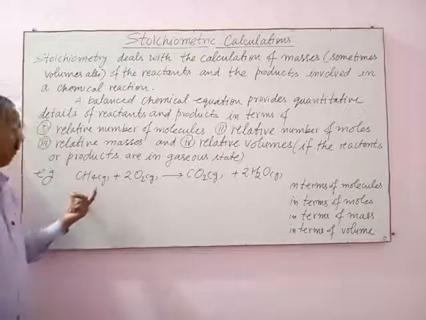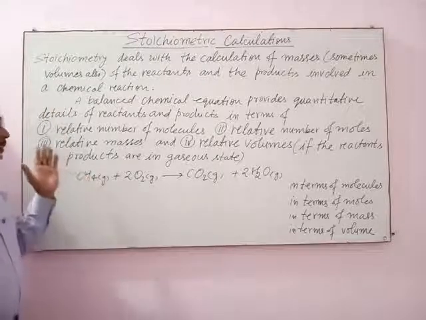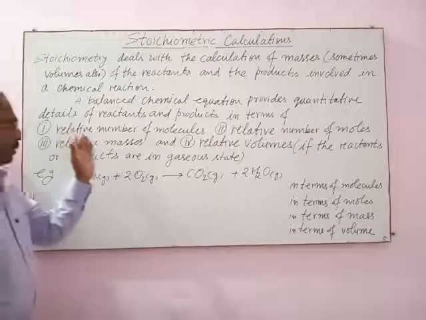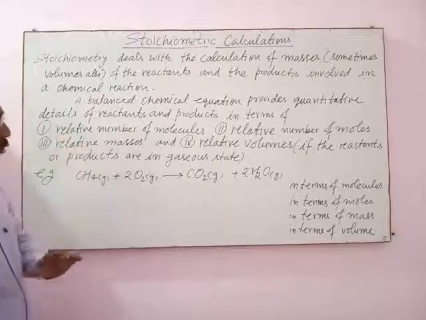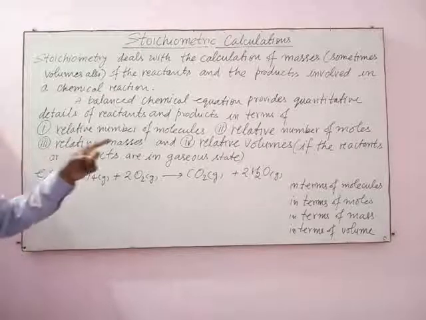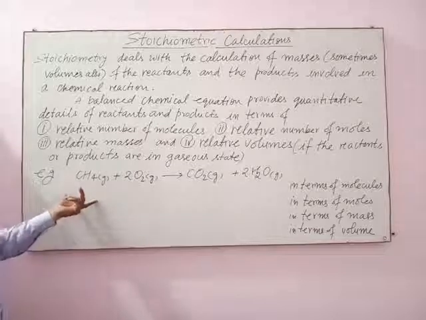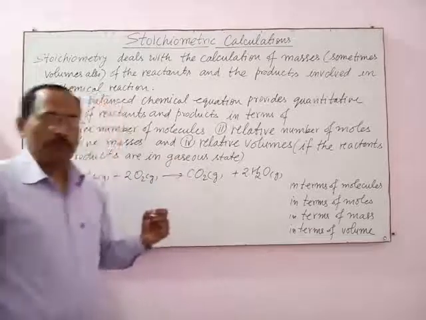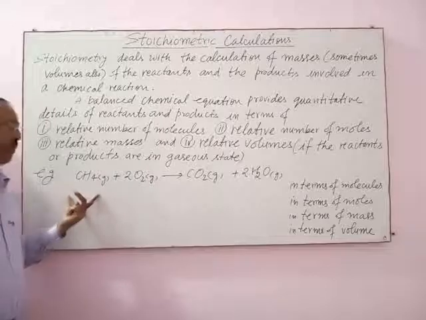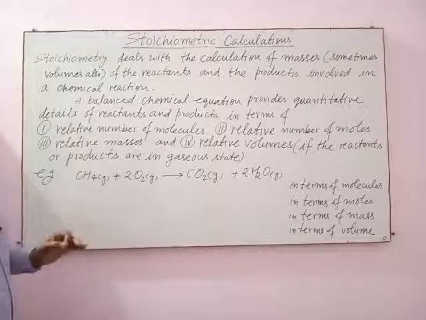If the reactants are solid or liquid, only masses, number of molecules and relative number of moles can be calculated. Volumes of the reactants and products are calculated only when the reactants or products are taken in gaseous state.